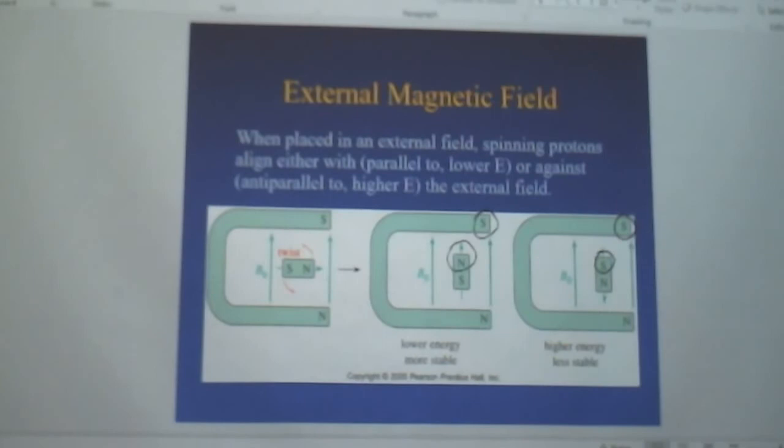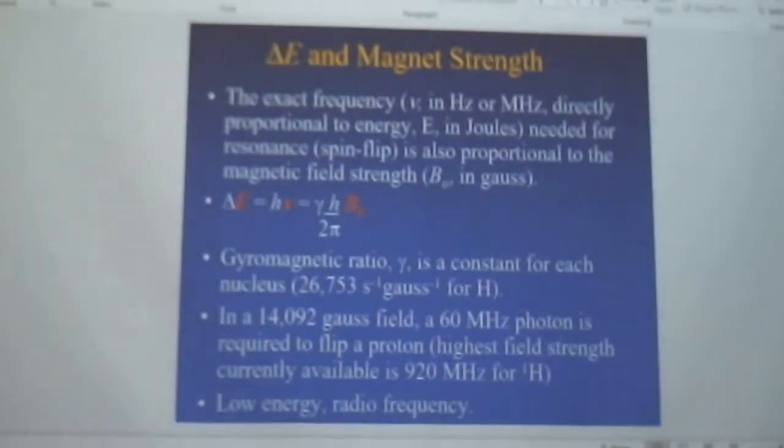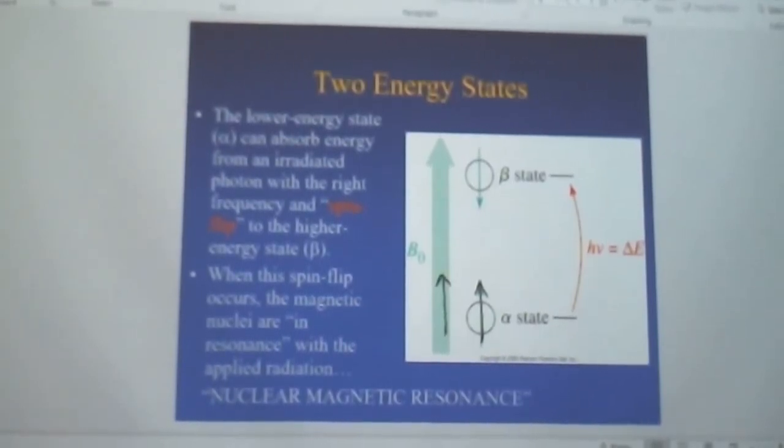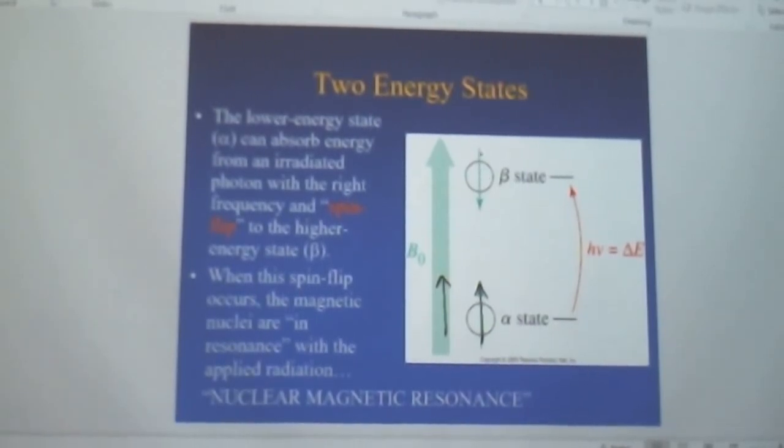So there are two energy levels here, a lower energy level in which the net magnetic field of my sample is aligned properly with the outside magnetic field, and a higher energy level in which it is against the outside magnetic field.